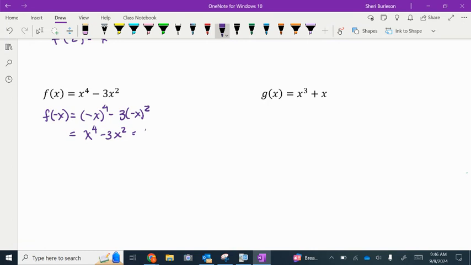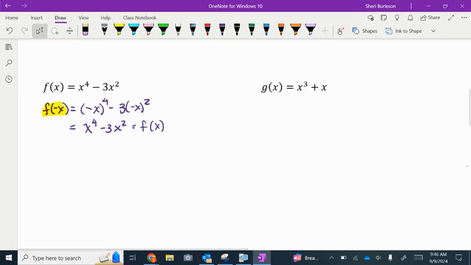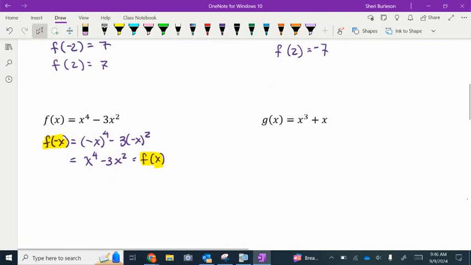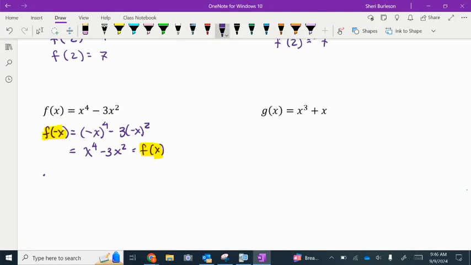If I'm not mistaken, that looks like f of x. So I started with f of the opposite of x, and when I was done simplifying, I got f of x. What does that tell me this function is? Not positive. Even.